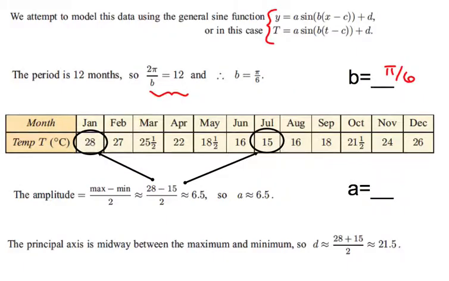So how you do that is you pick your maximum temperature and your minimum temperature. You're going to take your maximum, this is on here already, 28, and your minimum, 15. You're going to subtract them and divide by 2. So your amplitude is 6.5.